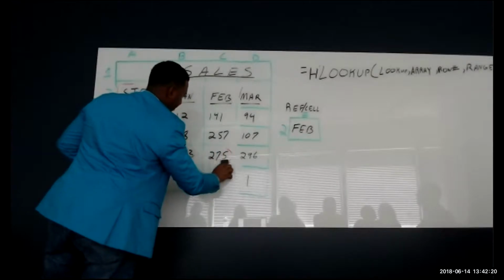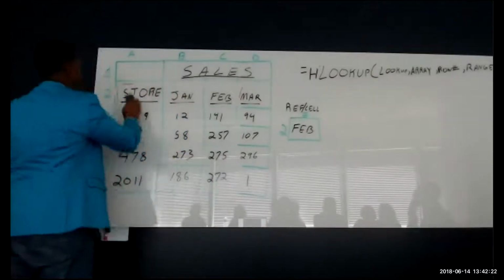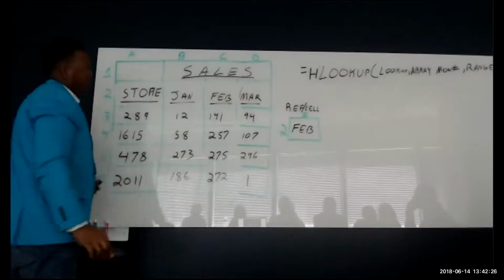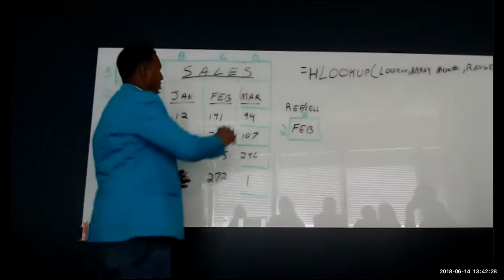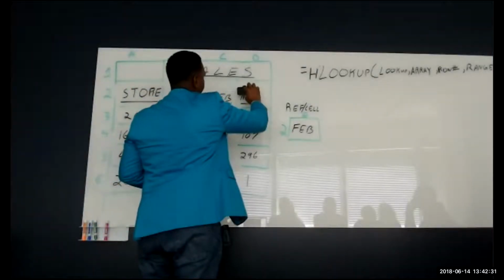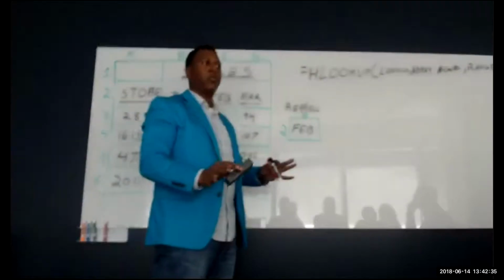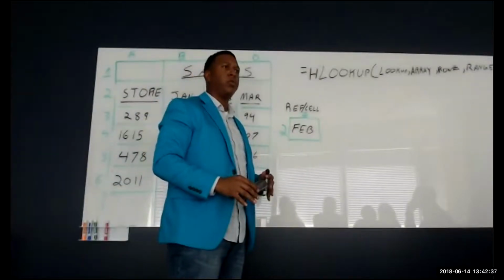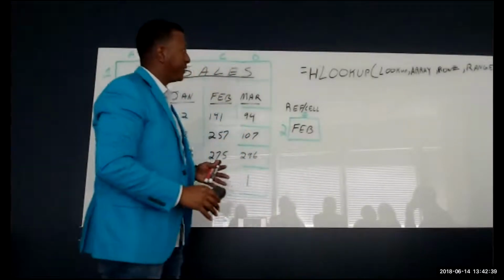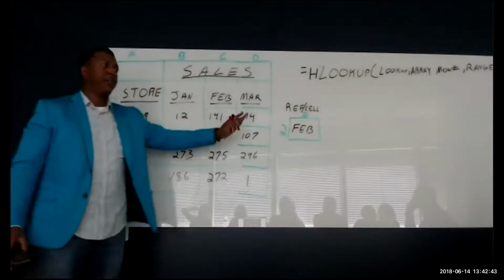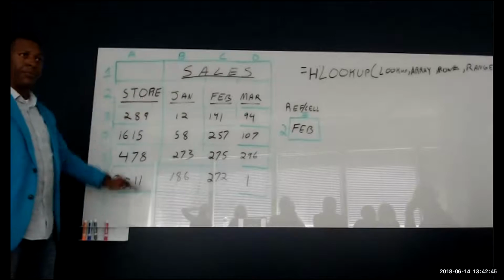All right. Now, advantages of VLOOKUP and HLOOKUPs. Advantage is you can find exactly what you need pretty quickly. Just a quick formula, you type it in, it'll give you what you need. Disadvantages, it only works from left to right or top to bottom.